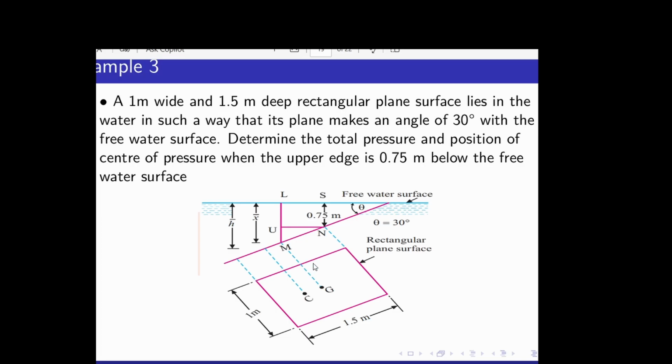So from here up to there is only halfway of this 1.5. So from U to N, we know the distance. And the angle inside here, we know it is 30 degrees, because this line UN and the surface of the water are parallel. So the angle inside this small triangle and this angle here are the same, and this one has been given to be 30 degrees. So we know one angle and one side, and we are looking for its opposite side.